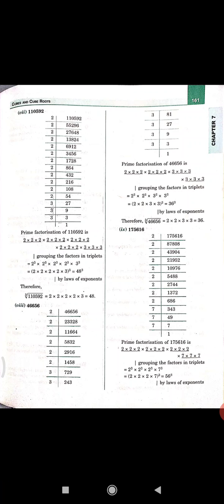Again divide by 2, 10976. The last digit is 6, so divide by 2, 5488. The last digit is 8, so divide by 2, 2744. Again divide by 2, 1372. Again divide by 2, 686. Again divide by 2, 343.